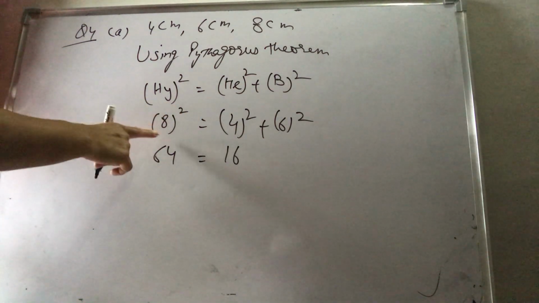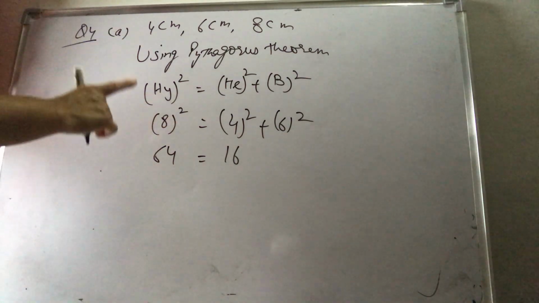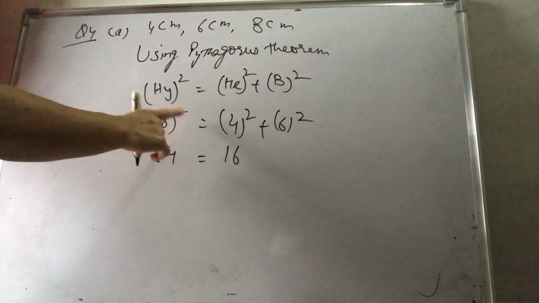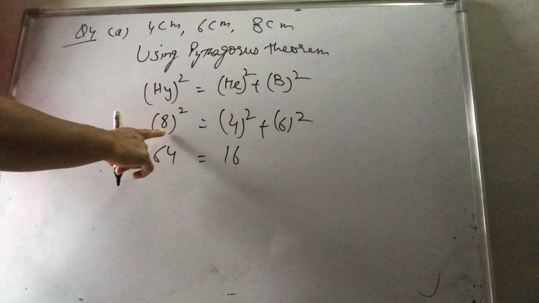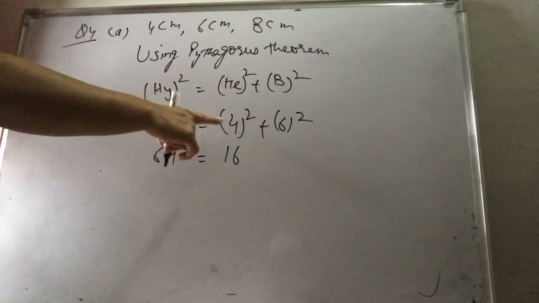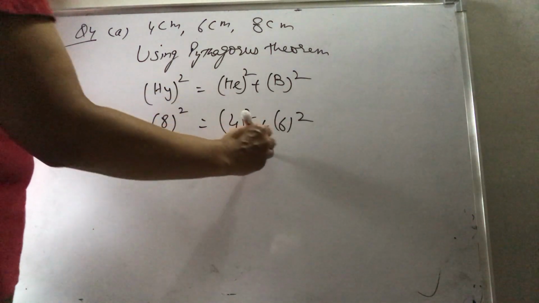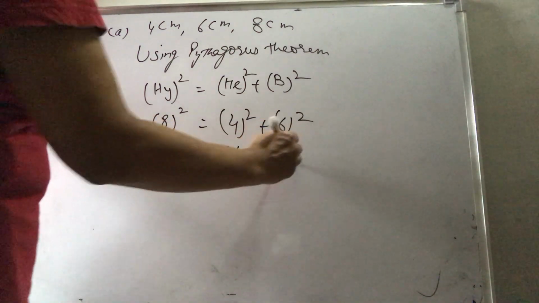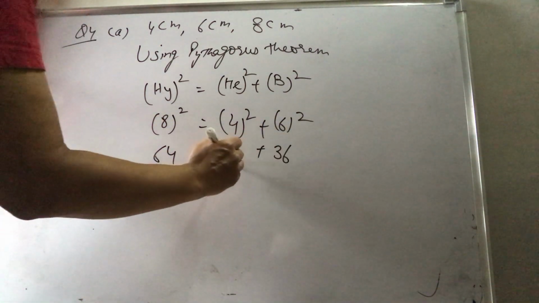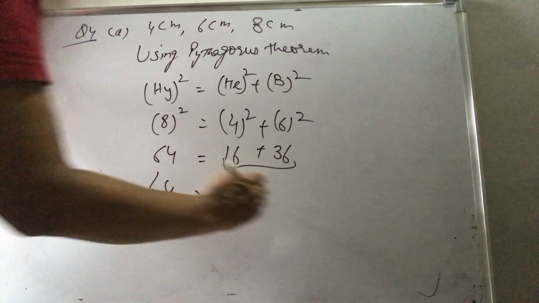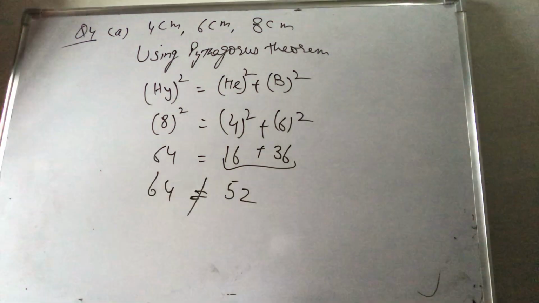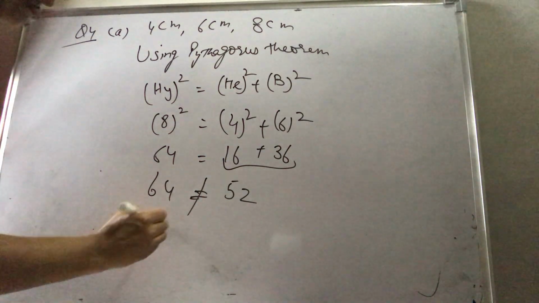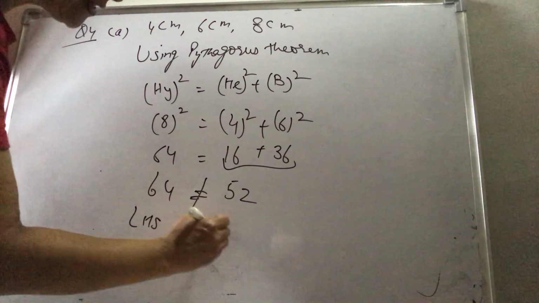8 square is 64. 8 square means 8 multiply 8. Mind that it will not be 8 twos are. It will be 8 multiply 8. We have done it in the exponent chapters. 4 square means 4 fours are 16. 6 square means 6 sixes are 36. After addition of these two we will get 52. Now 64 is not equal to 52, means left hand side is not equal to right hand side.